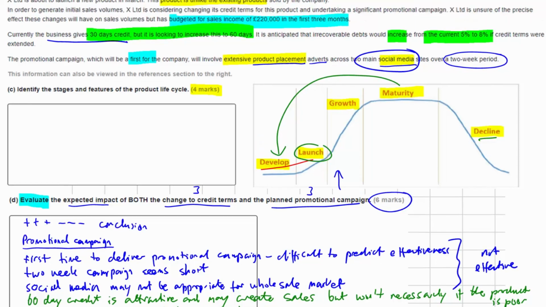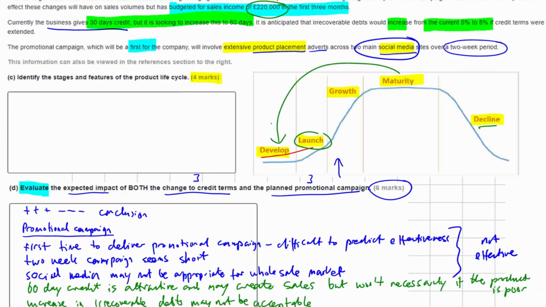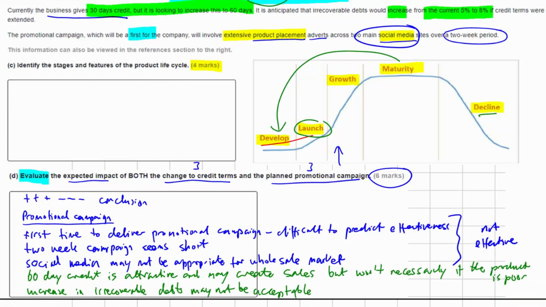So even though we're going to have income of 220,000 in the first 3 months, quite a lot of that is going to be received after those 3 months. So yeah, there's going to be a negative impact on cash flow. So in this case, it's a bit more difficult to try and evaluate whether or not this would have a positive impact on the business. So potentially it may do, but there are some negative impacts as a result of it.